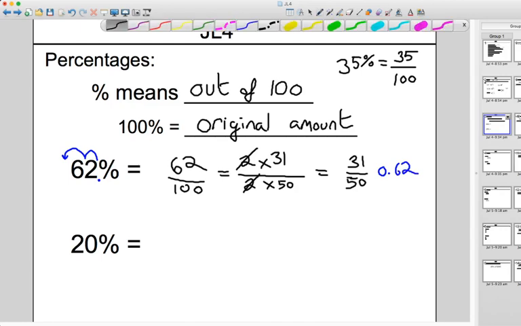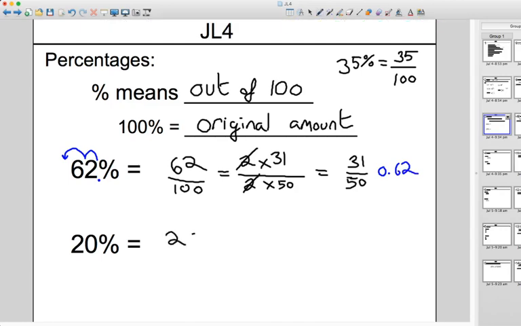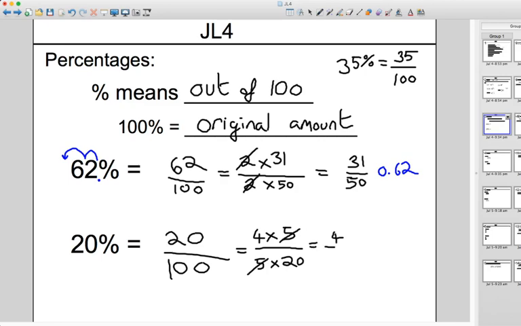20%, that's 20 out of 100. 20 is 4 times 5, and 100 is 5 times 20. 5's cancel, gives me 4 out of 20.